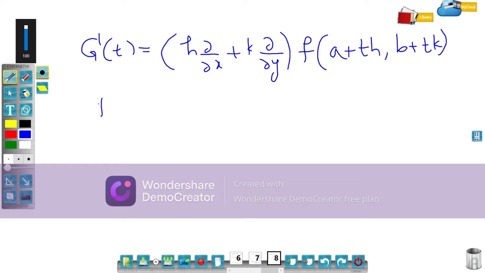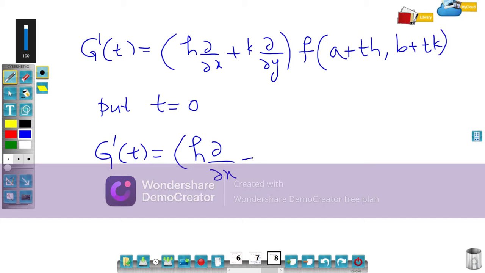Now put t equal to 0. So what I'll get is as follows: g dash at 0 is equal to h times dou by dou x plus k times dou by dou y, f evaluated at a comma b. Let's call this 1.